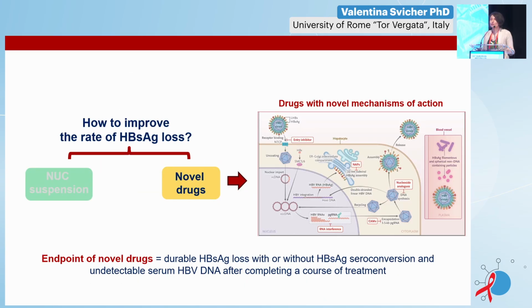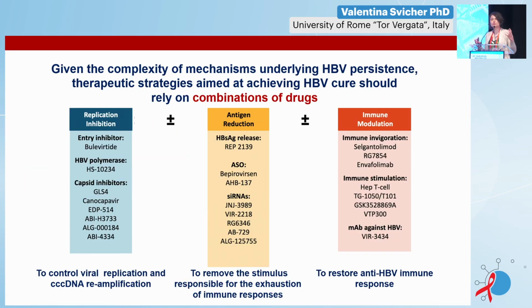But of course, we all know that so far there's a huge effort in identifying novel drugs with novel mechanisms of action to achieve HBV functional cure, so to go beyond the classical concept of virological suppression. There is a consensus on the fact that the achievement of HBV functional cure will require a combination treatment based on the use of drugs that can reduce the burden of viral antigens release.